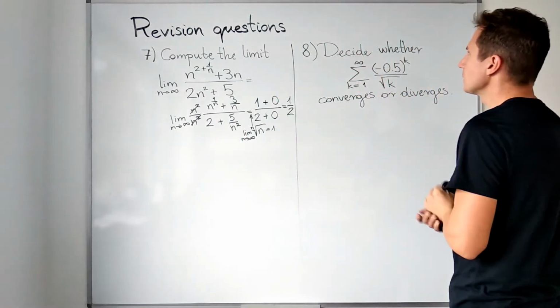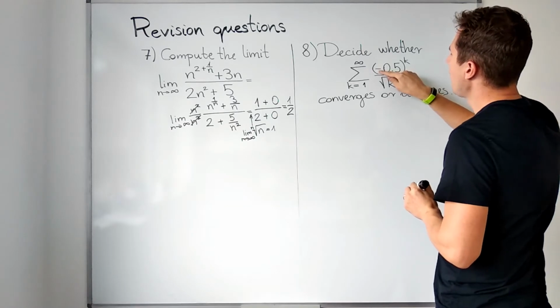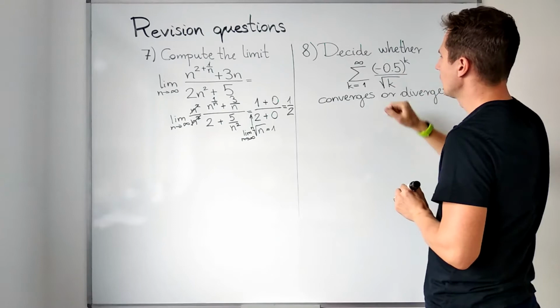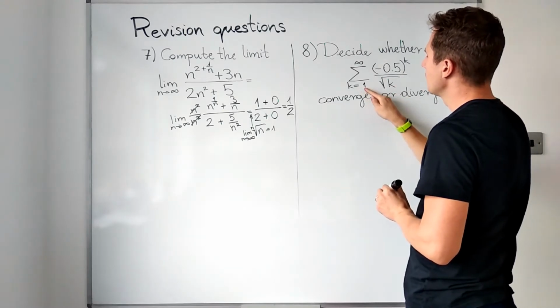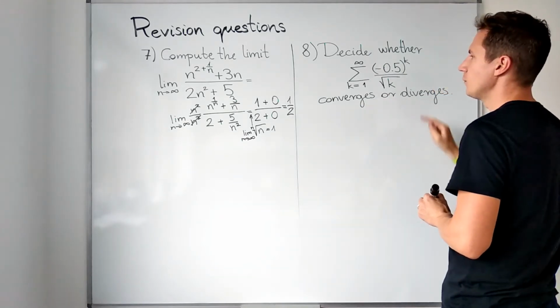Okay, next, decide whether the infinite series, that is the sum of (minus 0.5) to the power k divided by root k, as k is going from 1 to infinity, converges or diverges.